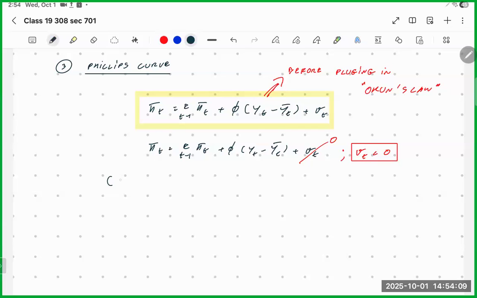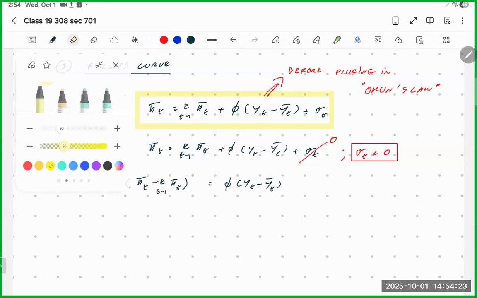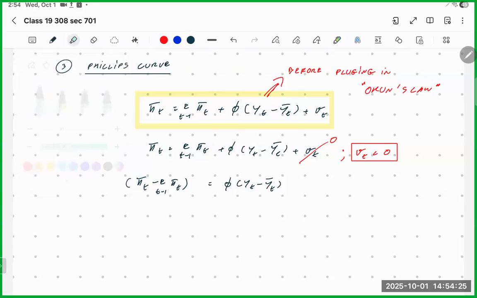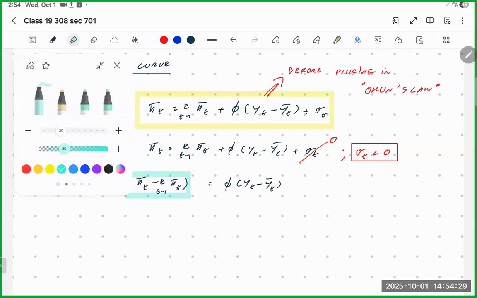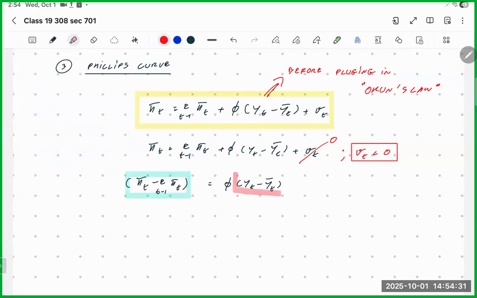I'm going to get a bracket on the left, which is pi t minus expected t minus 1 pi t, equal to the bracket on the right, phi yt minus yt bar. Again, to understand this equation, we need to consider two brackets together: the bracket on the left and the bracket on the right.